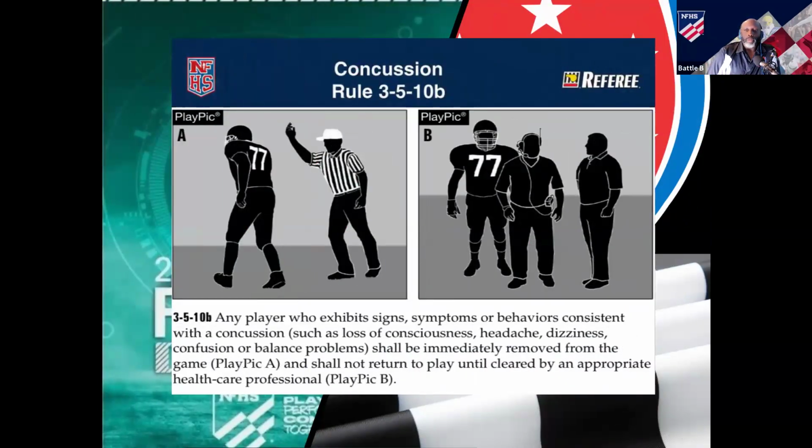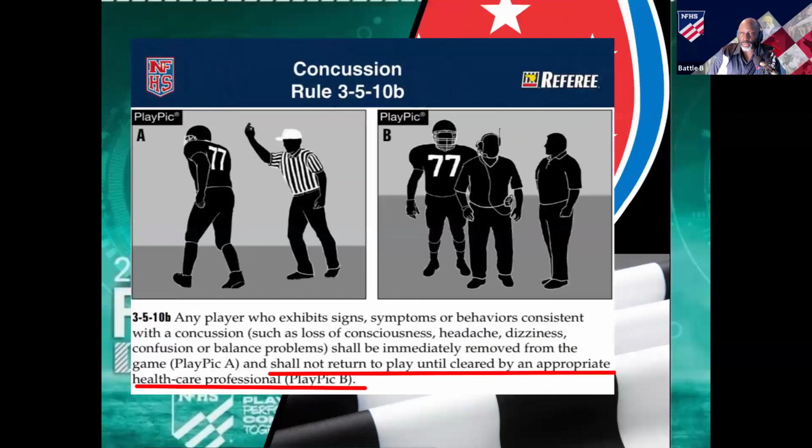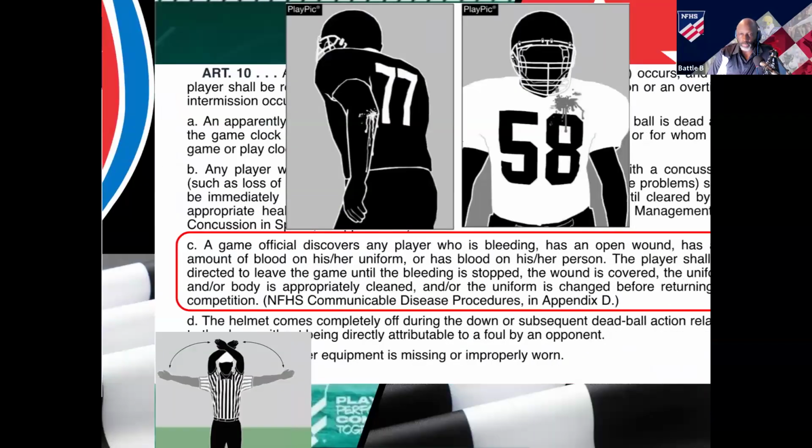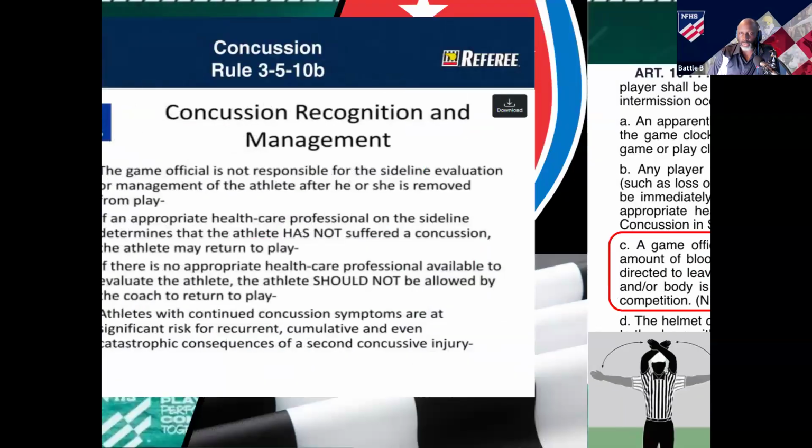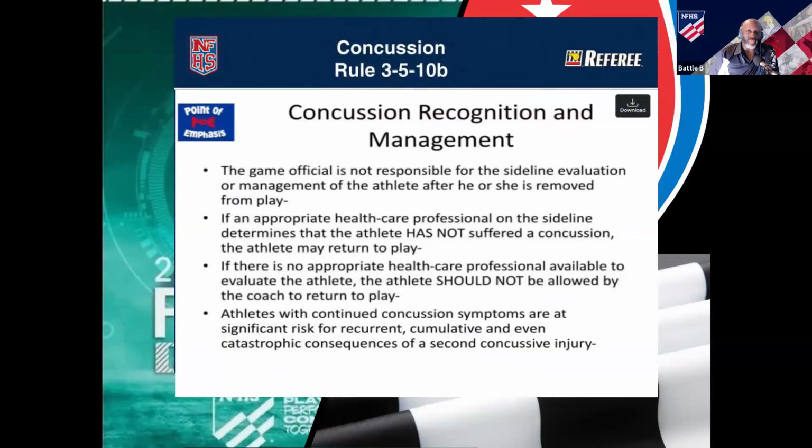All right. Any player who exhibits signs, it says, shall not return until cleared by an appropriate healthcare professional. Guys, I just want to cover this part here. This is out of the National Federation of High School. The game official is not responsible for sideline evaluation or management of the athlete after he or she is removed from play.